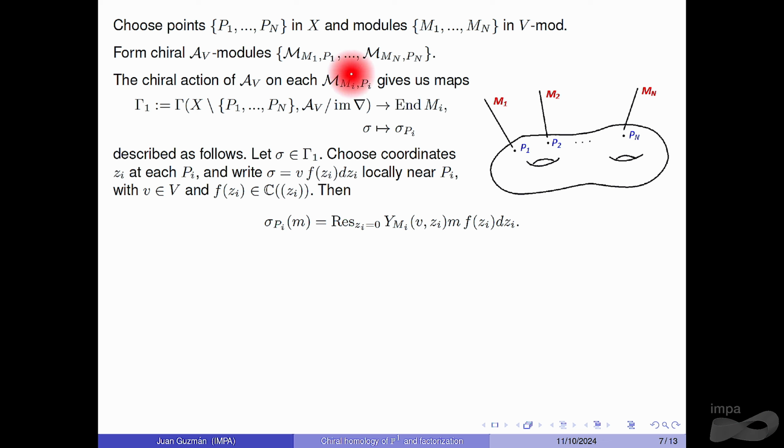So we have global sections, but they're going to have different ways of acting for each one of the points. Say you fixed one of the points, you can look at the global section and write it locally with local coordinates around that point, and then you can write the action simply as a residue using those coordinates.